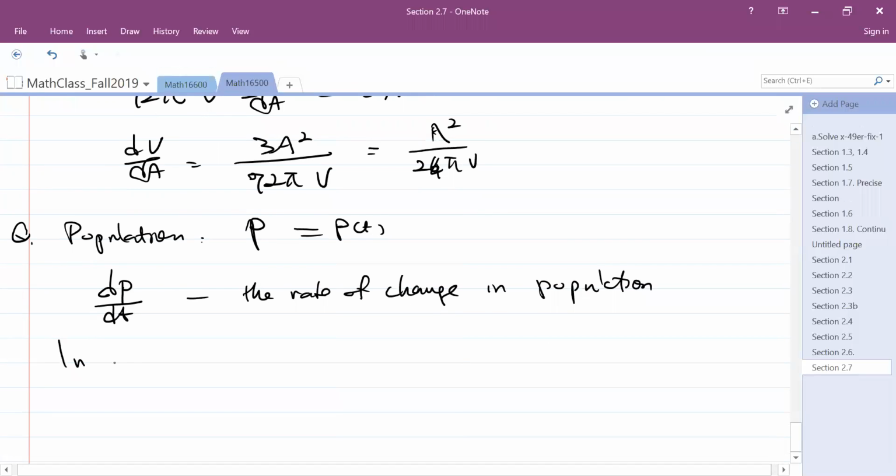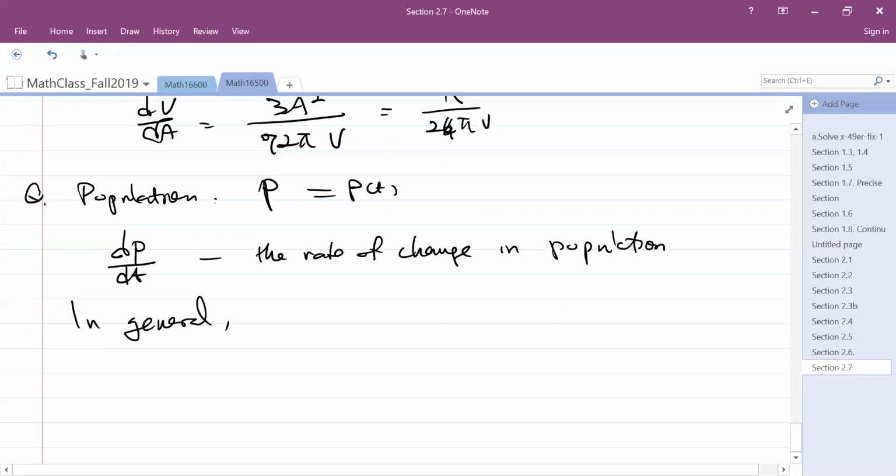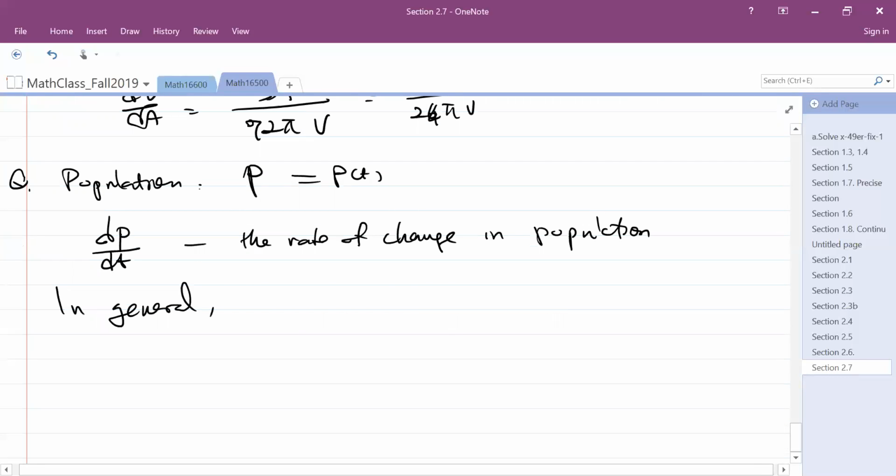In general, with sufficient resources and a constant environment, with no change in the environment, the rate of change of the population is proportional to the population.